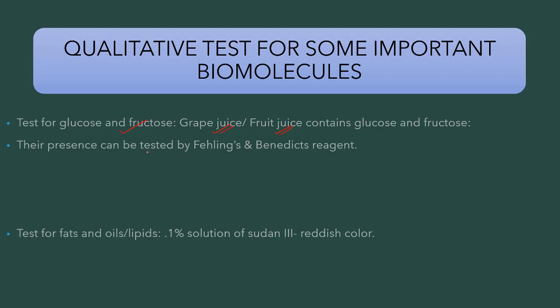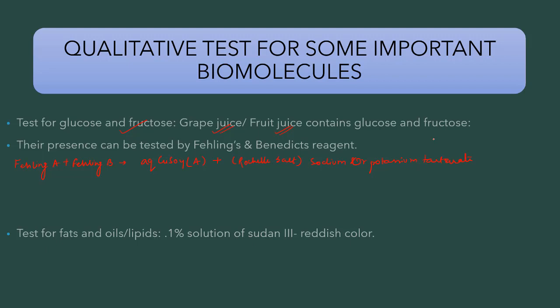For Fehling's test, there are two solutions, Fehling A and Fehling B. Fehling A is aqueous copper sulfate and Fehling B is sodium potassium tartrate, Rochelle salt. They are mixed in equal amounts.